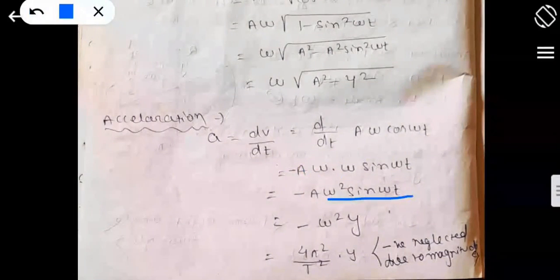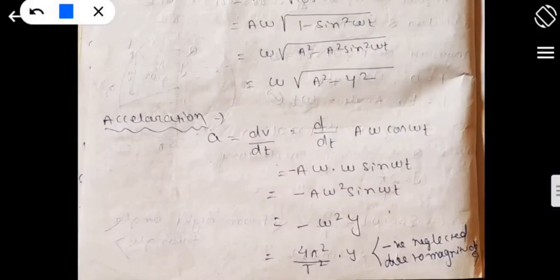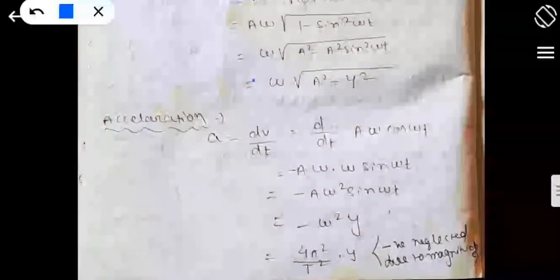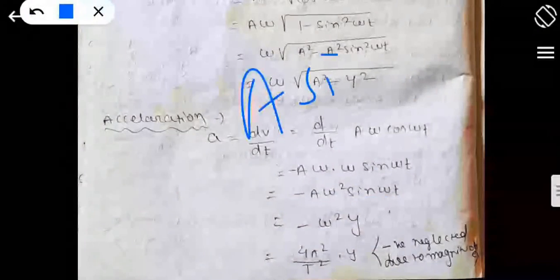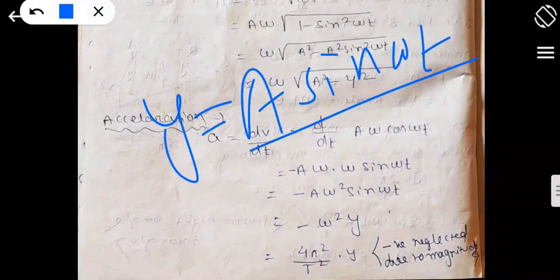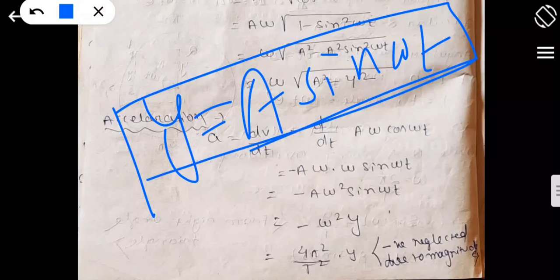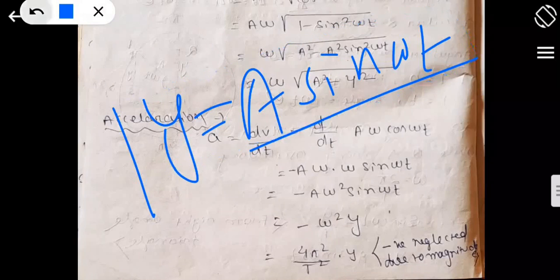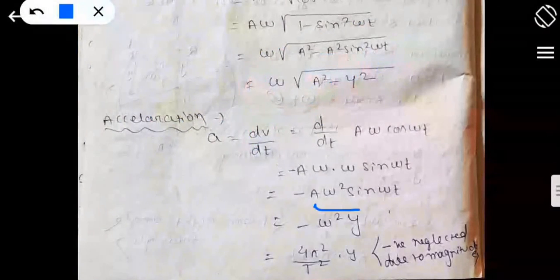And we know it very well, a sine omega t is equal to y. Last class we found this, y equal to a sine omega t. So instead of a sine omega t, I will take y and omega square as it is.